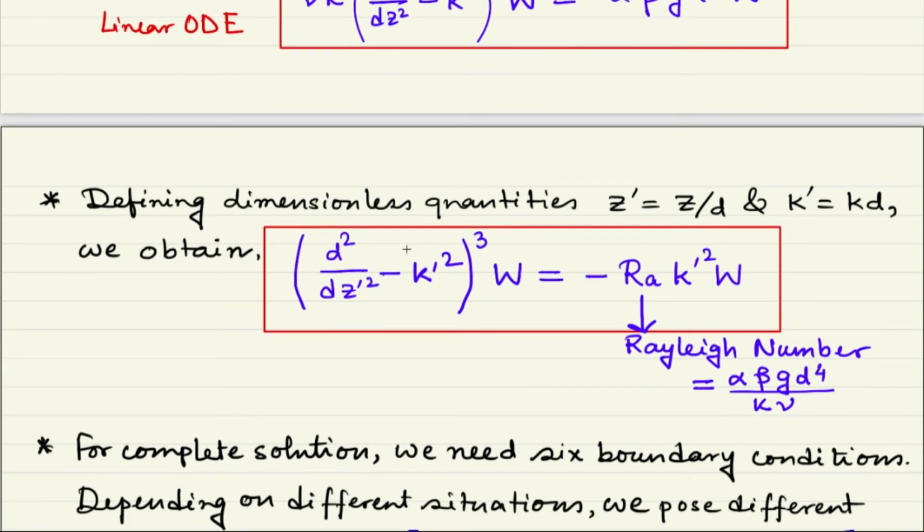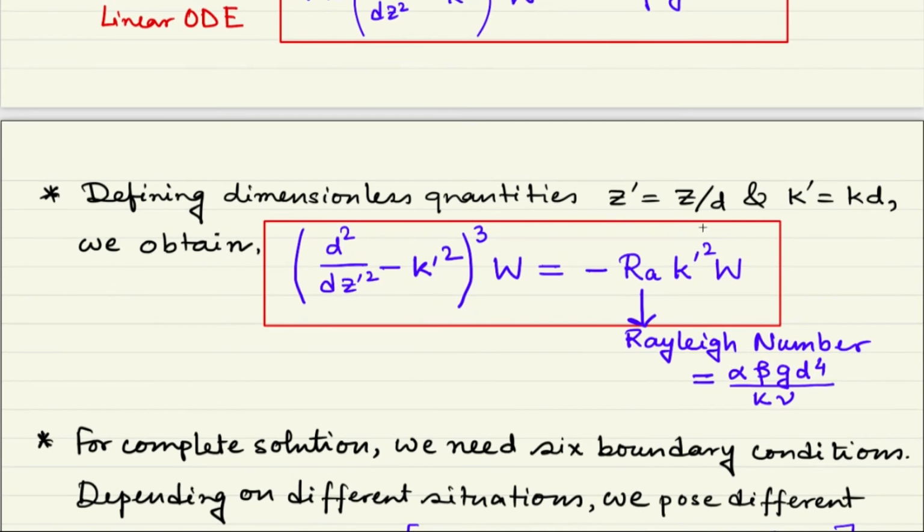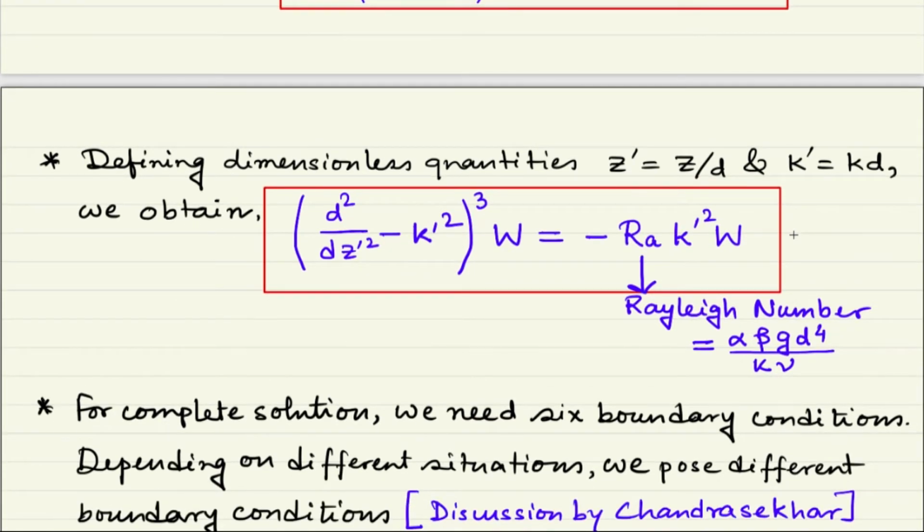Now we define dimensionless quantities: z prime, which is z by d, and k prime, which is k times d. One is the dimensionless height, one is the dimensionless horizontal wave number. Here d is the characteristic length scale for our system, the vertical size of the container.